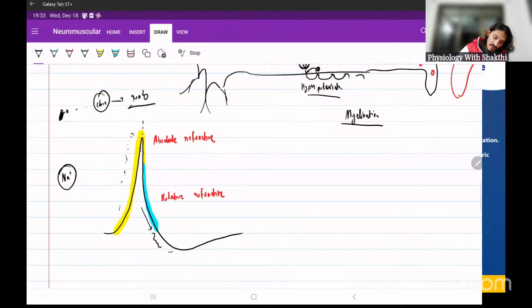And after that, what did we see? A hyperpolarization. During hyperpolarization, there was a lag in closing down the potassium channel. Similar to that, even at this phase, there is going to be some time before the sodium channels are closed enough to be activated again.